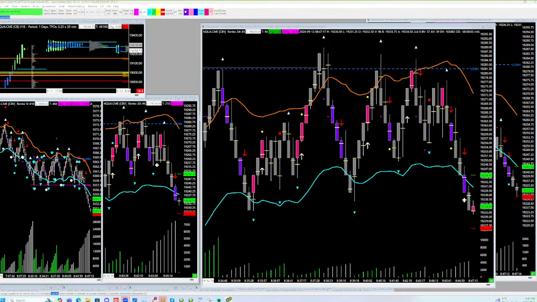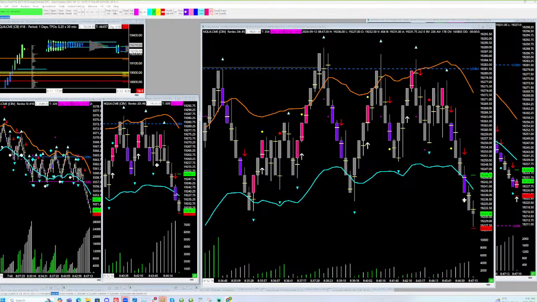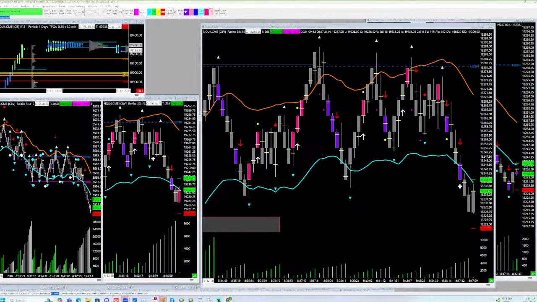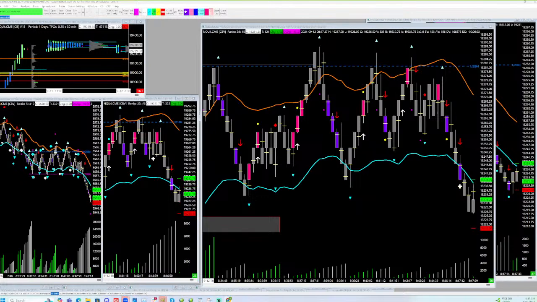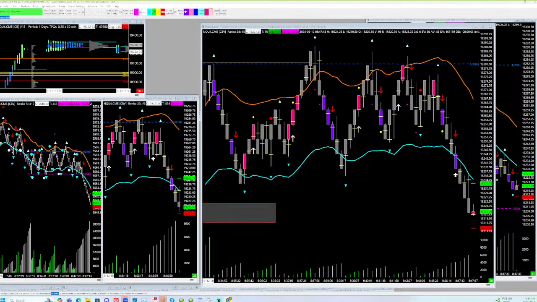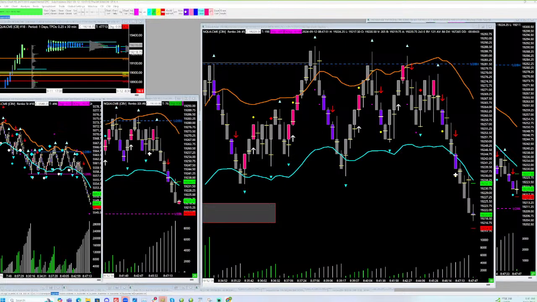There we go. See that gray area? That's where those single prints are on a 30-minute chart.